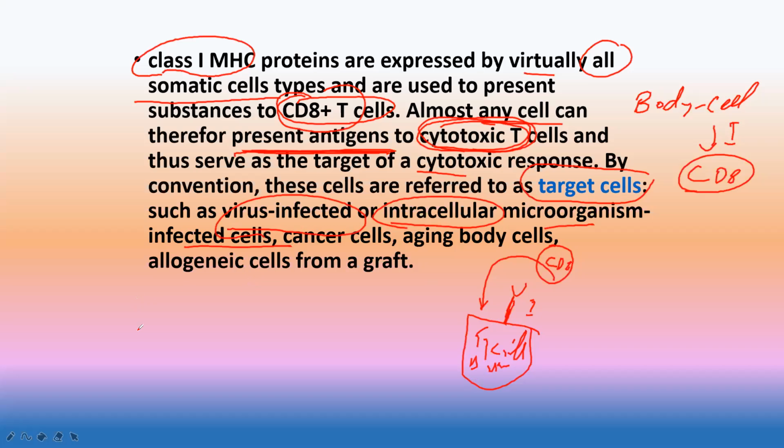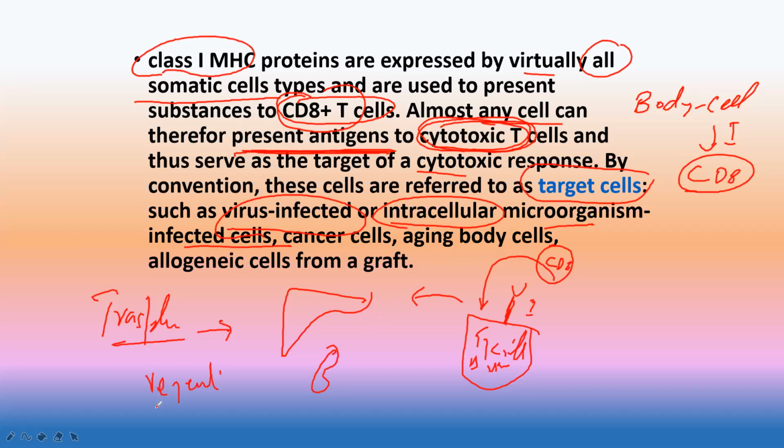Consider graft rejection, for example, the patient received an organ transplantation, maybe a piece of liver or a kidney transplant. Which cell has more affinity to attack this, CD8 or CD4? In graft rejection, which cell plays more role? Which cell circulates all over the body every time?